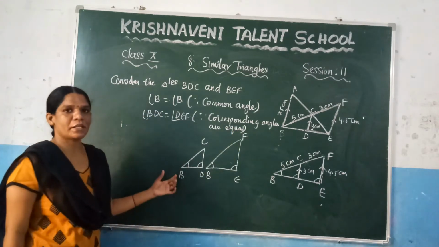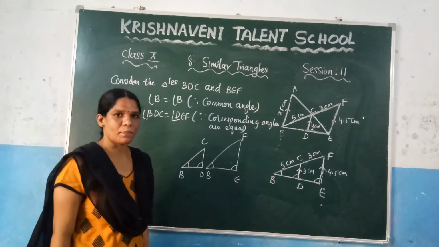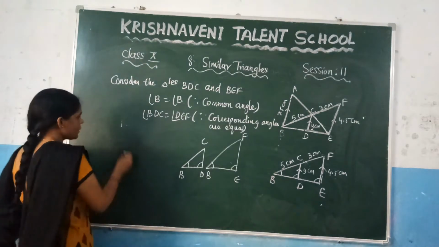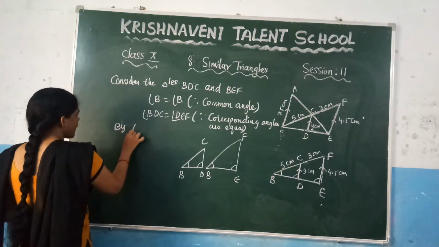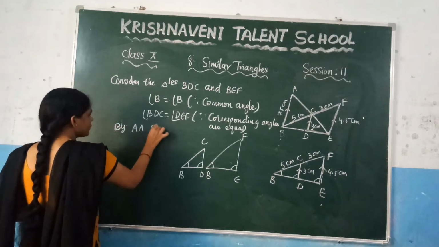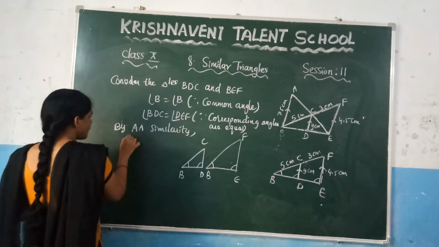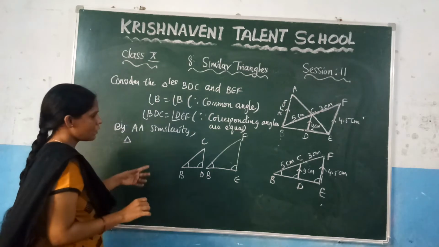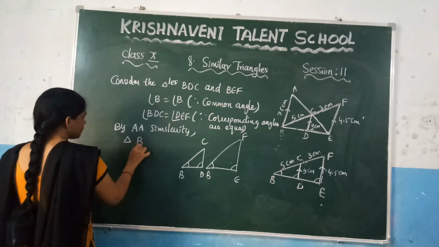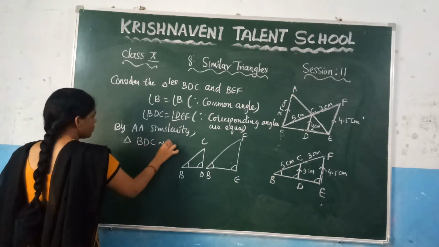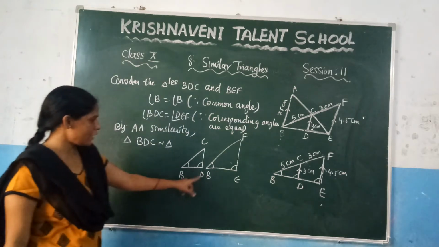Since two angles are equal in these two triangles, now you can apply angle similarity. So write it here, by angle similarity, triangle BDC is similar to triangle.